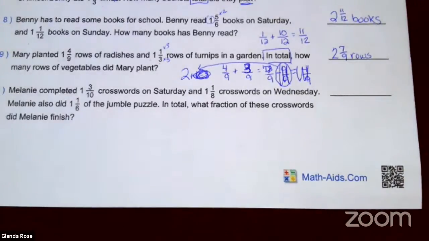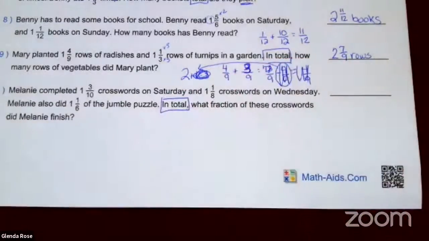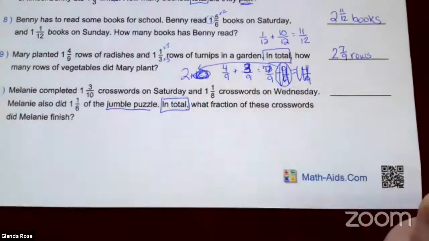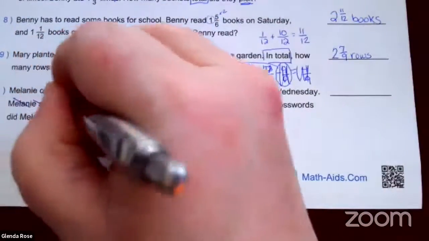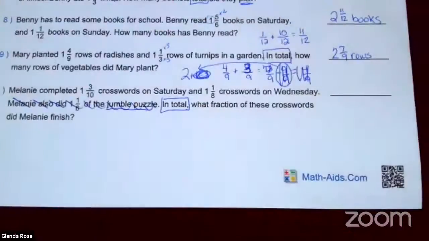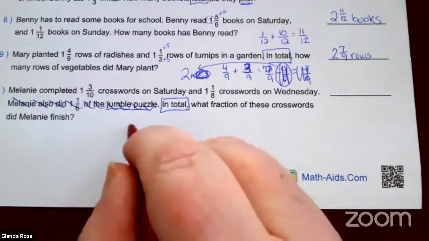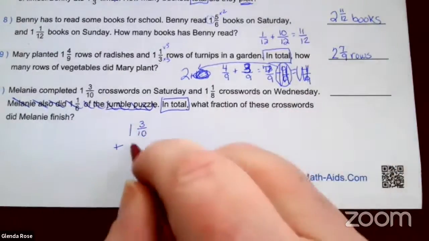Well, I'm looking for a total, so I'm going to add. You do have to have a little information to know that the jumble puzzle is not a crossword. It's where the letters are like soup. So this information is not anything I need. I'm going to get rid of it. So then I have 1 3/10 plus 1 1/8.